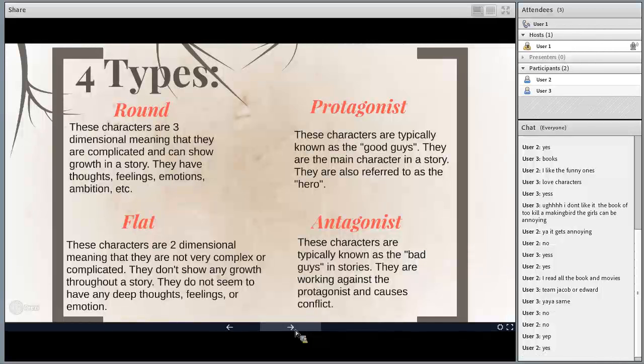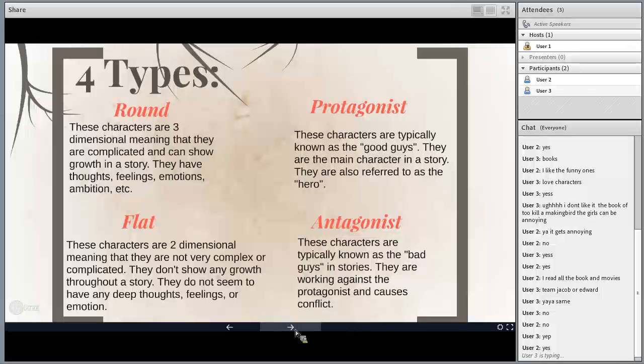What's fun about protagonists is that sometimes writers have fun where the protagonist is not actually the hero or the good guy. Have you guys ever watched a movie or seen a show or read a book where the main character isn't really the good guy? Like maybe they were in jail.